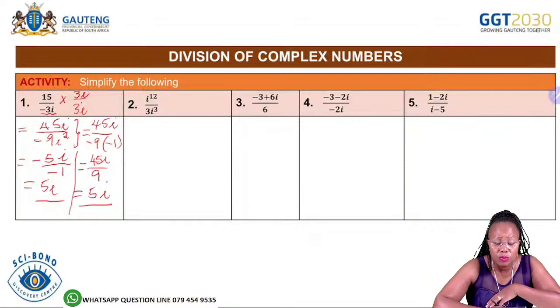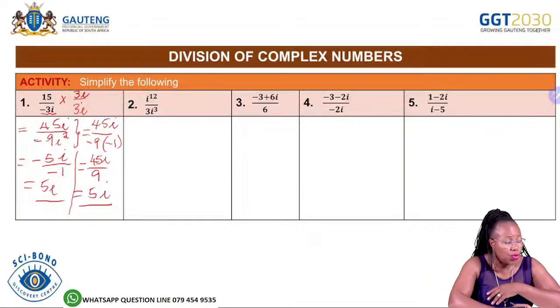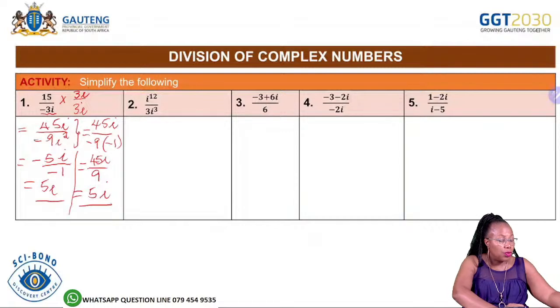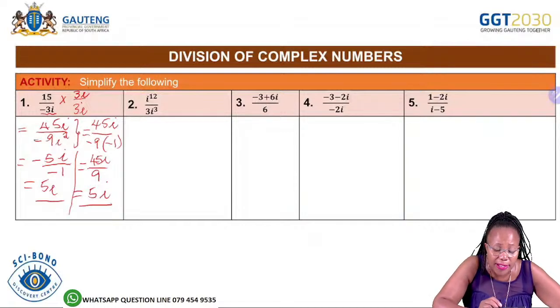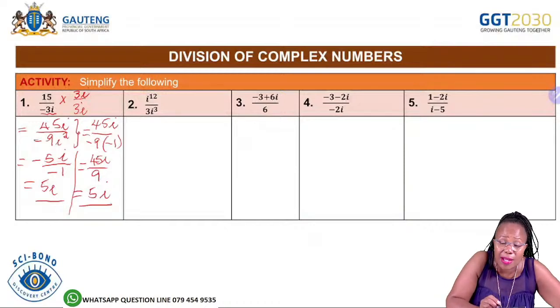And then number 2, we have i to the power 12 divided by 3i to the power 3. Do you still remember the i squared method that we applied earlier to assist with the powers? Here we have powers now. So we write this as i to the power 2 on top. What must we multiply 2 by to get 12? With a 6.